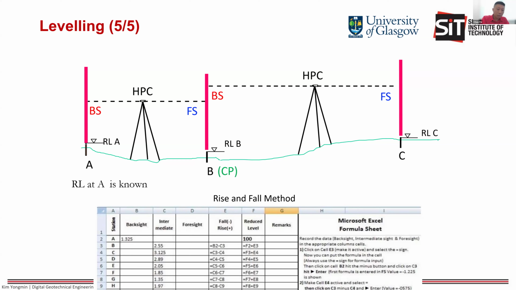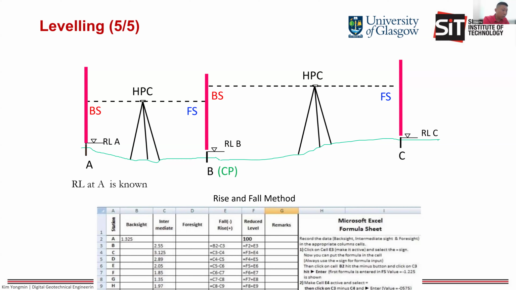Later on, you change your instrument position, then you read point B again, which is the second backsight. And then you turn to point C, then you get the foresight.